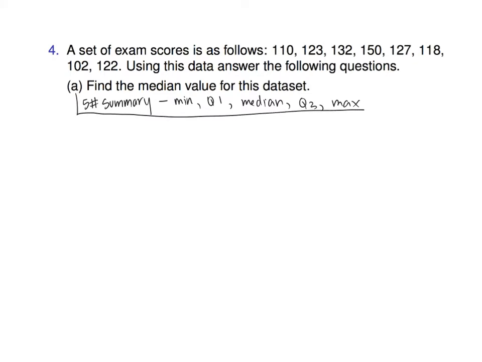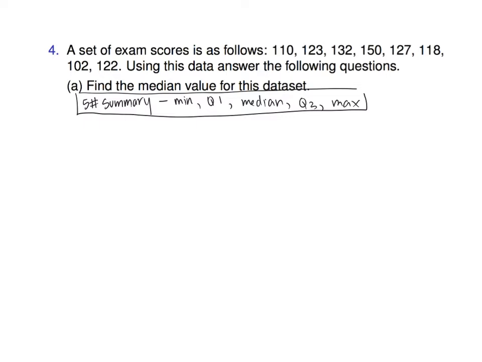You should know that for your test. And notice that one of those numbers is the median, and we are going to work on finding that one now. So to find the median, first you have to reorder the data.